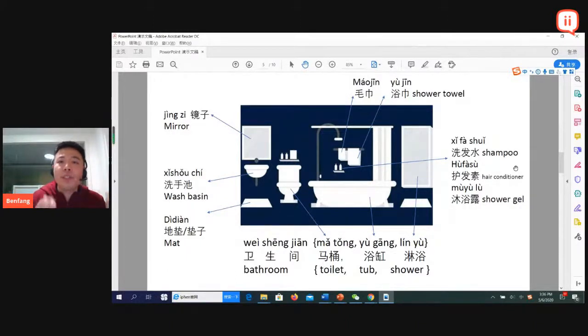We use the 素 like a vitamin is 维生素. And the hair conditioner, 护发素. Shower gel is 沐浴露.